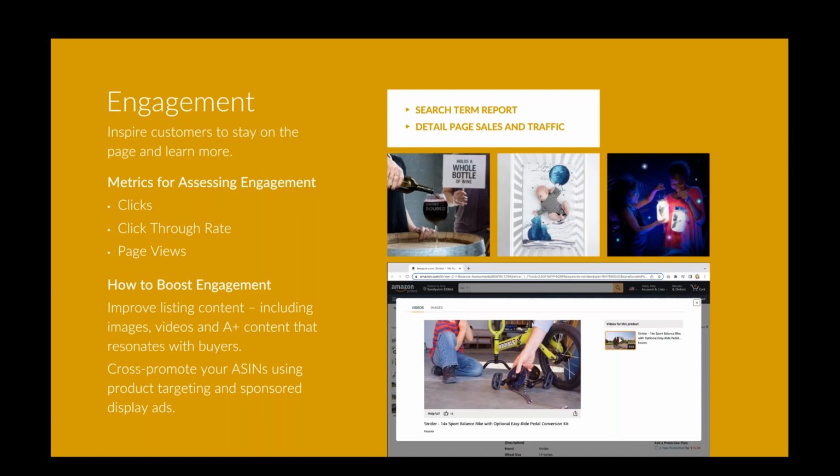So it's just another way to engage your shoppers, get them more familiar with what products you offer, and prevent them from wandering off to another brand's listing to convert. Something that we highly recommend to try and up that engagement across your portfolio.